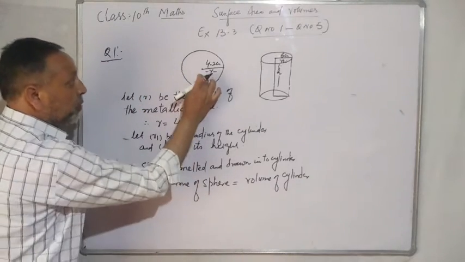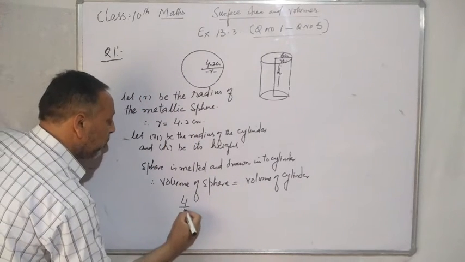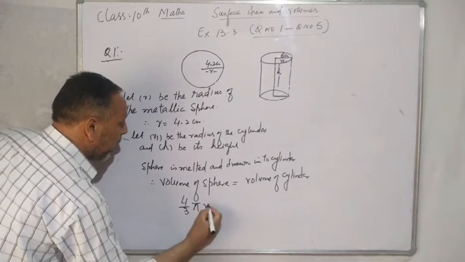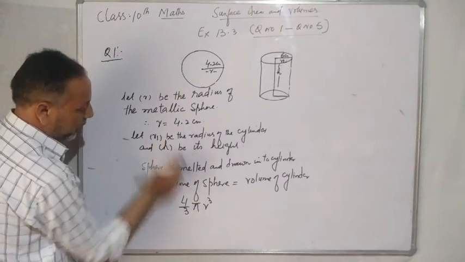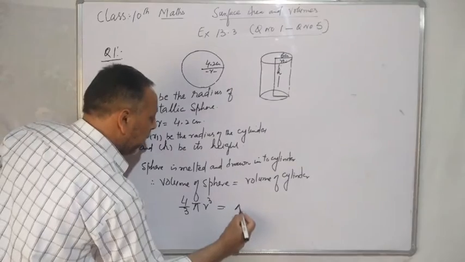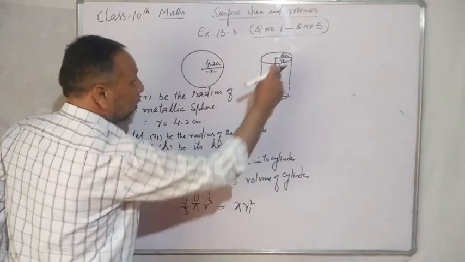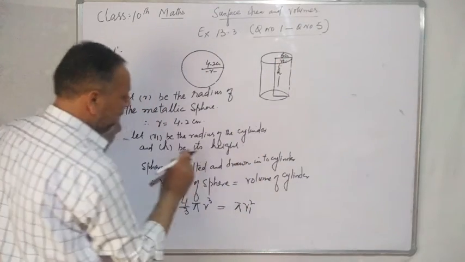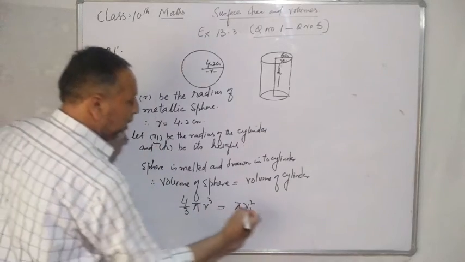Volume of sphere is 4/3 pi r cube, because r is its radius, is equal to volume of cylinder. It is pi r1 square h, because r1 is its radius.